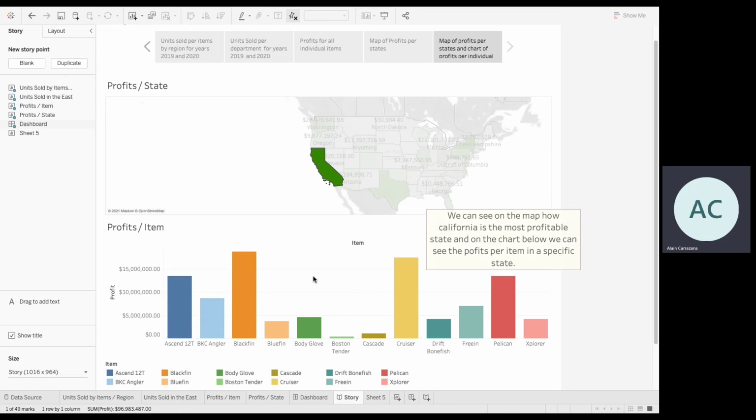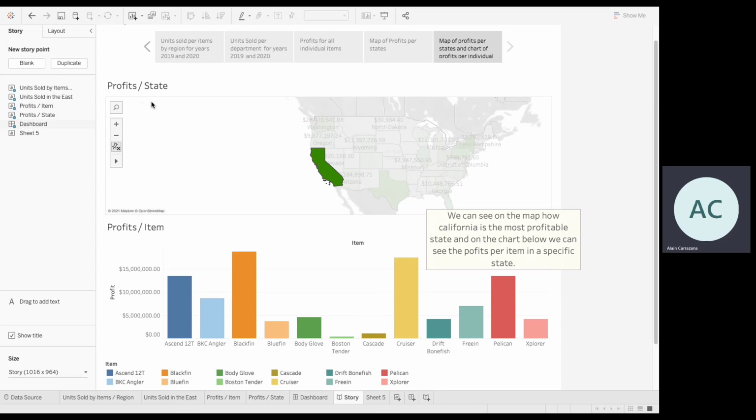We can see the top items that contributed to California being the best performer. Here we can see the Blackfin having about $18 million in profit, and then the Cruiser with $17 million in profit. So that's all for this.